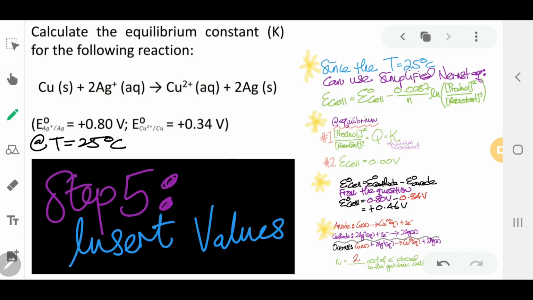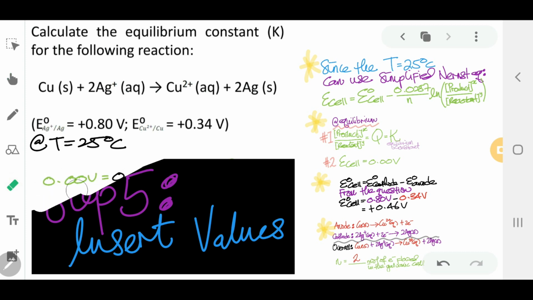In step 5, we're going to take all the values that we have worked out before. We have identified which Nernst equation we're going to use, the simplified version, because the temperature is 25 degrees Celsius. We know that the reaction quotient will be the same as the equilibrium constant, and at equilibrium, the E cell value will be 0.0 volts. We also have the E naught cell value that we worked out just now, and the number of moles of electrons flowing in the galvanic cell.